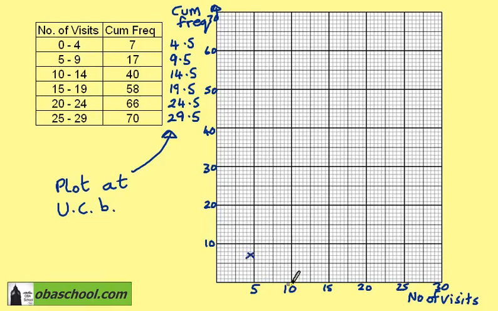We then plot 9.5, 17, 14.5, 40, 19.5, 58, 24.5, 66, and finally 29.5, 70.